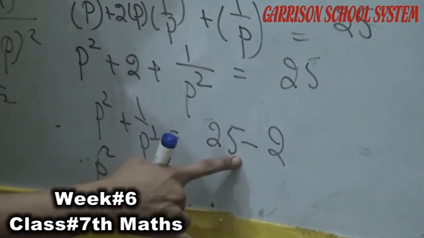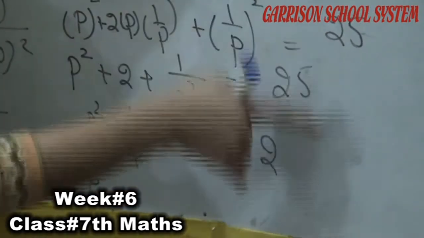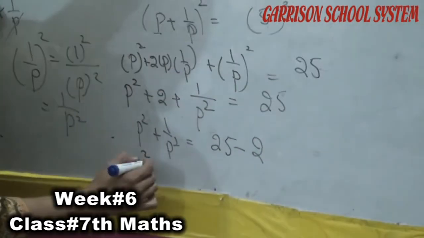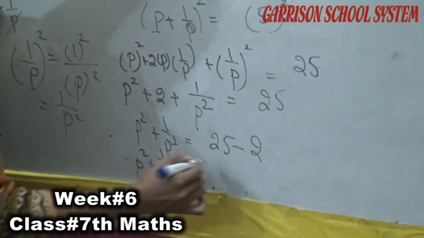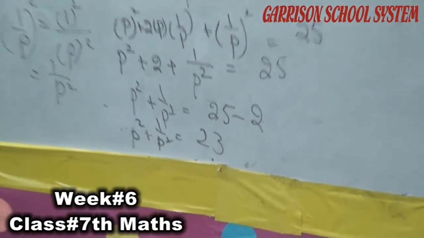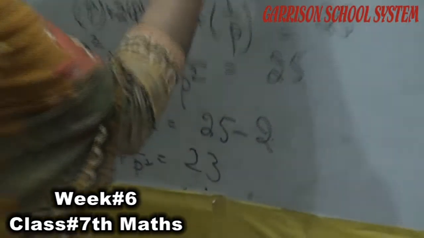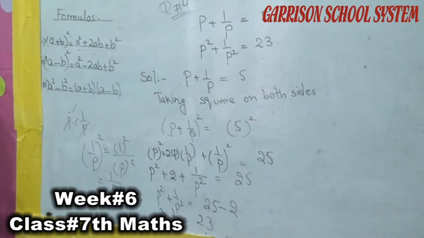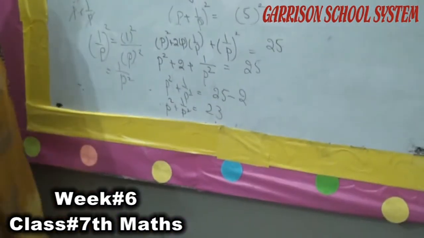It will become 25, and here it is plus 2. When it is shifted to this side, it will become minus 2. So P square plus 1 over P square is equal to 25 minus 2, that is equal to 23. We have to show P square plus 1 over P square is equal to 23. So it is proved.